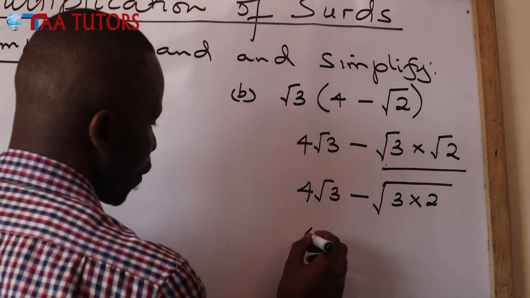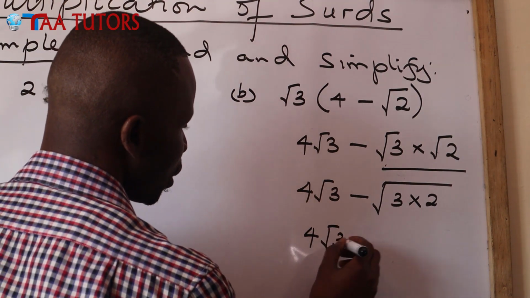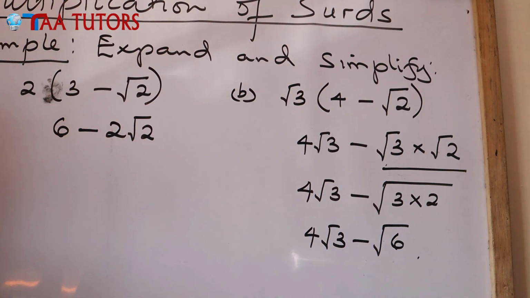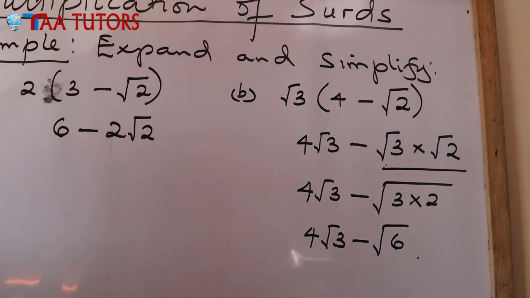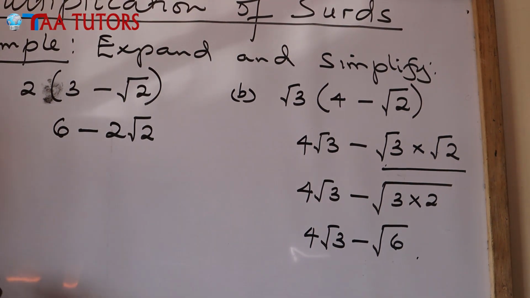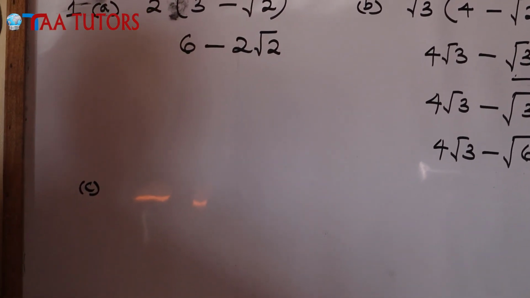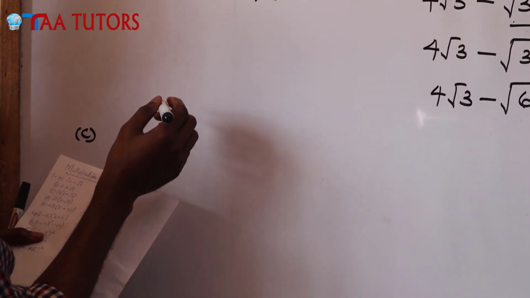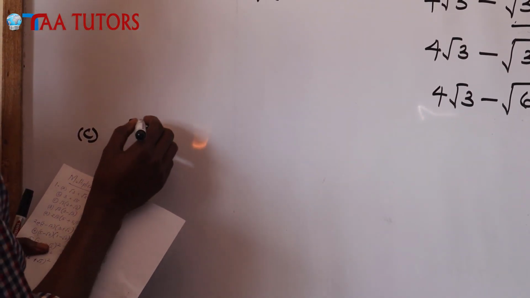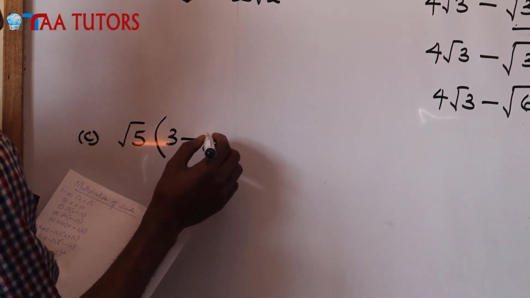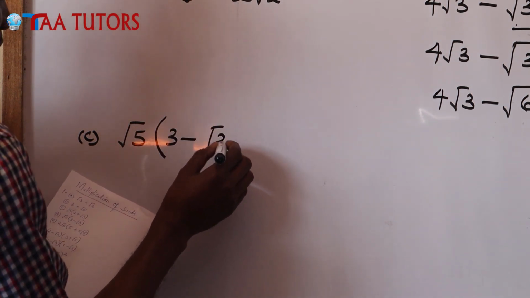So we are going to have 4 surd 3 minus the surd of 6. That is what we are going to have in that particular case. What about if you have example C? And example C is 5 surd 5 into 3 minus surd 3.